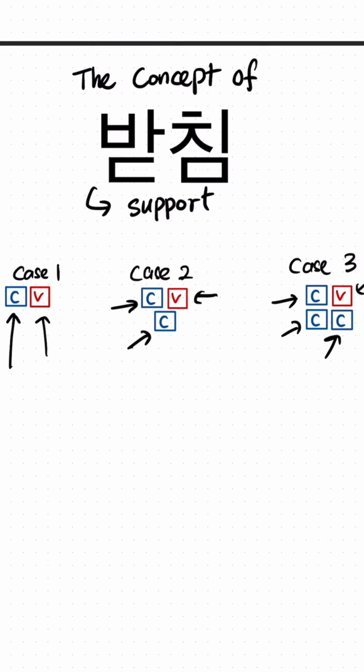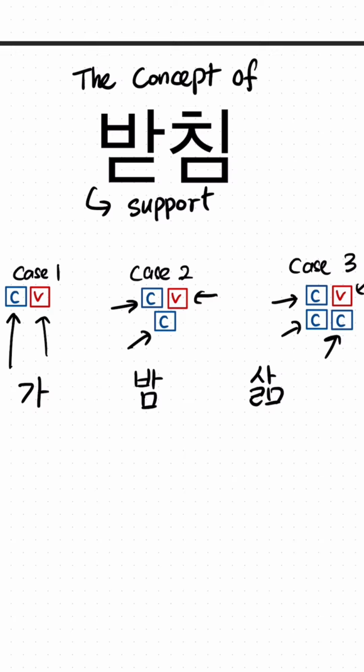Let's see some examples. For case one, for example, we can have 가, which means to go. For case number two, we can have 밤, which means night. And for case number three, 삶, which means life.